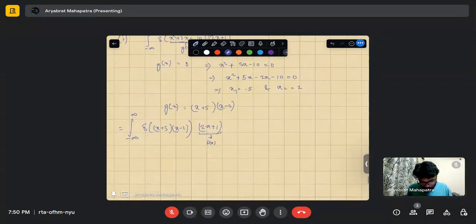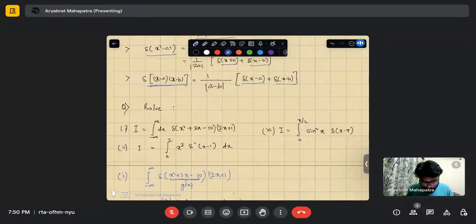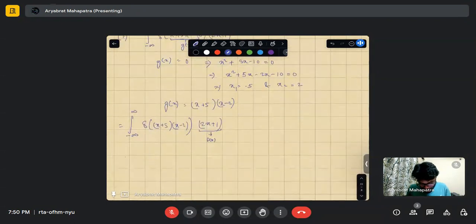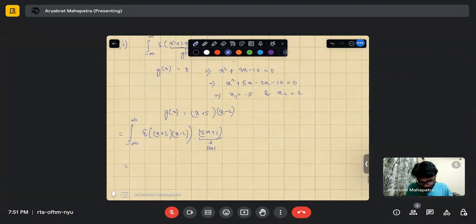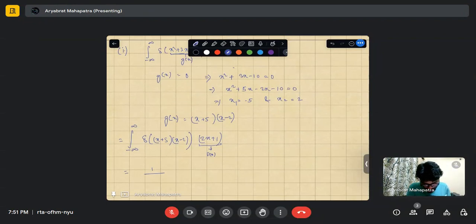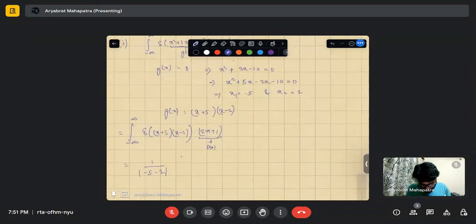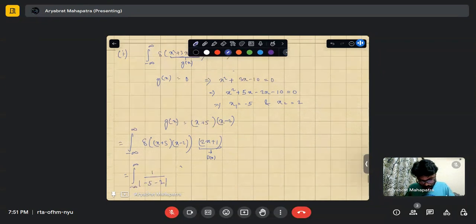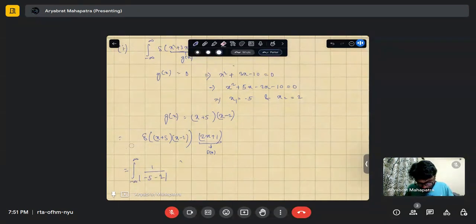From the above property, you see that the prefactor is 1 over the mod of a minus b.